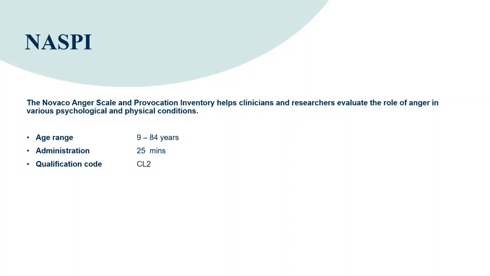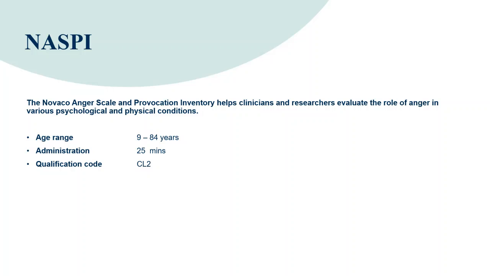The NASPI is composed of 2 parts, the Novaco Anger Scale, which has 60 items, and this tells you about how an individual experiences anger. The Provocation Inventory, which has 25 items, and this indicates the kind of situations that induce anger in particular individuals.